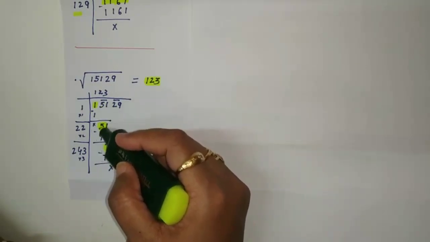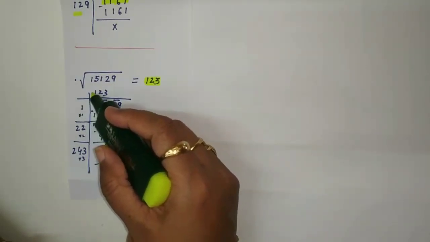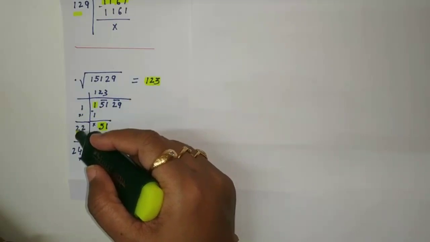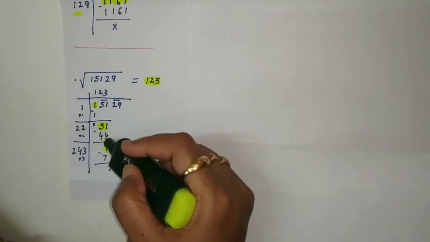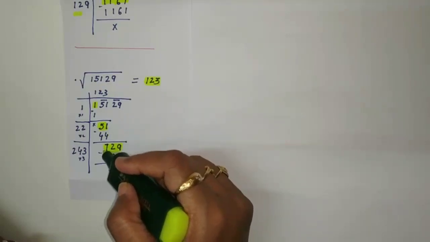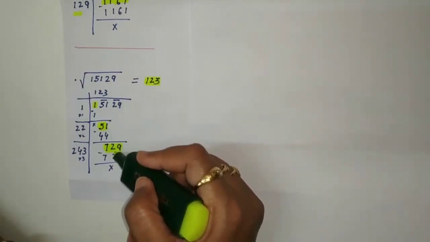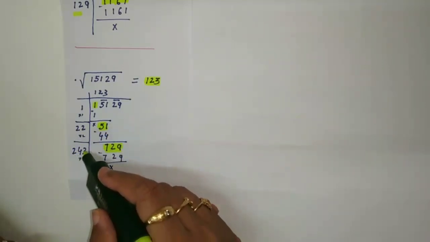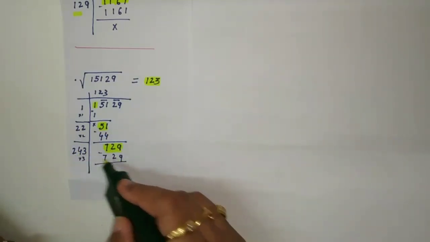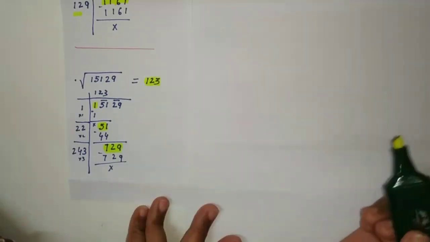So next pair comes down. And we add up 1 plus 1, 2. So 2 and what? 2 2s are 4, 2 2s are 4. 44. We subtract and we get 7. The next pair comes down. 22 plus 2 is 24. Into 3, 9, and this is the answer.